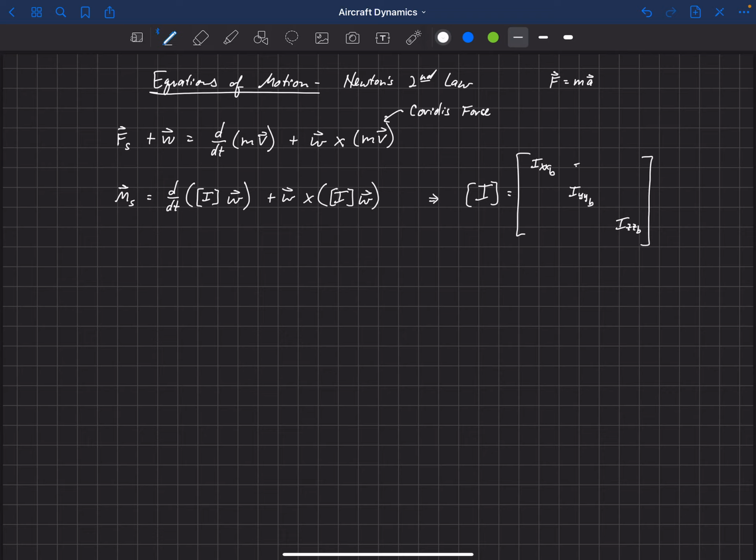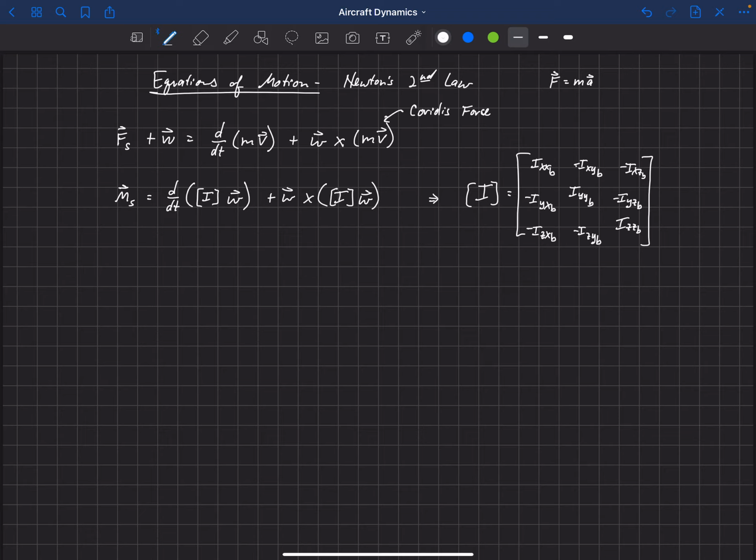And then we've got minus IXYB, minus IXZB. And then down here we have minus IYXB and minus IYZB. And then we've got minus IZXB and minus IZYB.